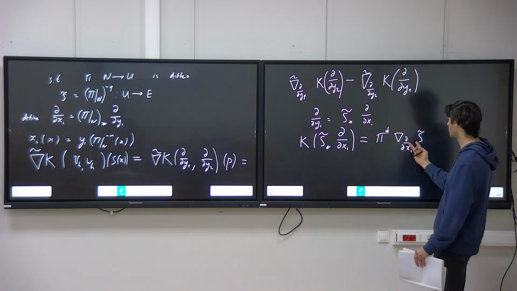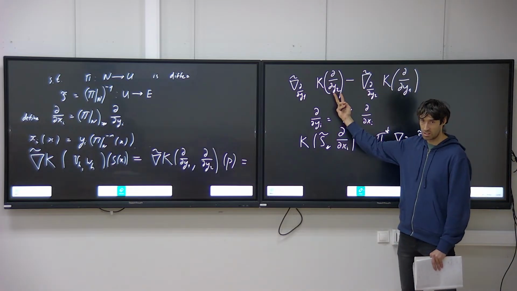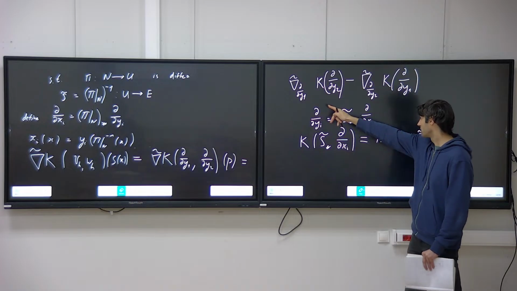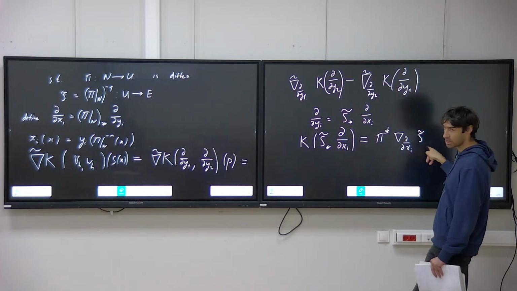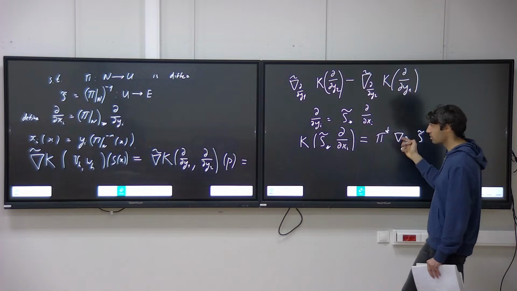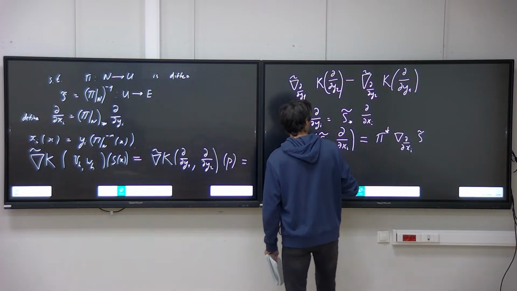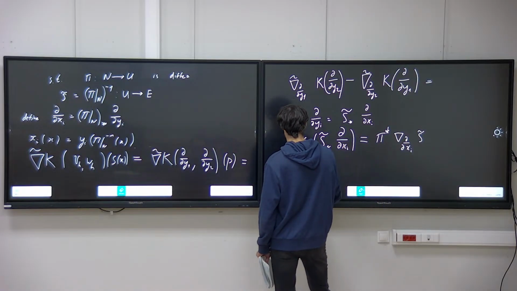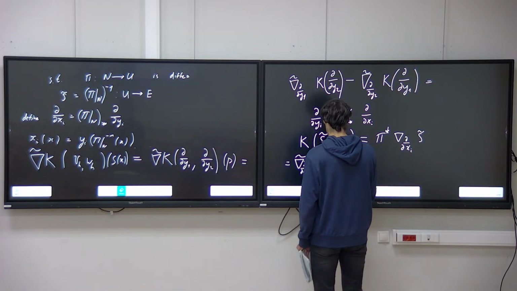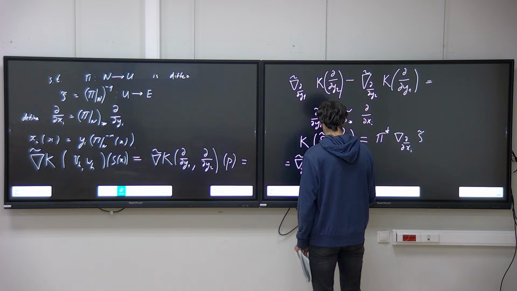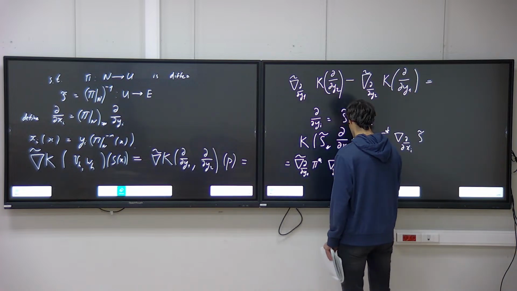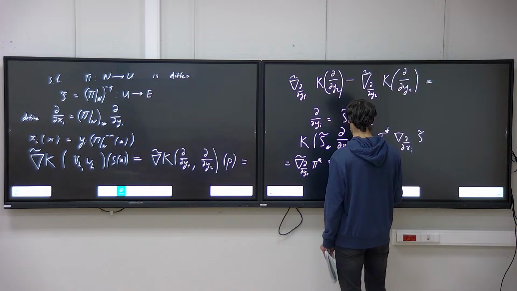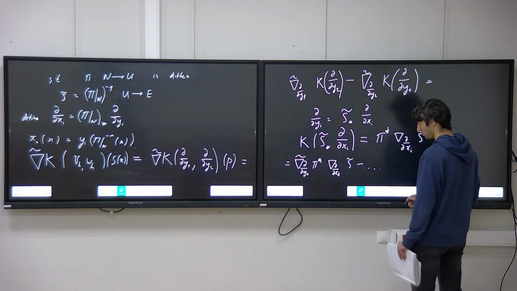Therefore, when I substitute this in here, I have nabla tilde d over dy1 of pi star of this. So I just substitute, and I get nabla tilde of d over dy1 of pi star of nabla d over dxi s tilde, minus a similar term.